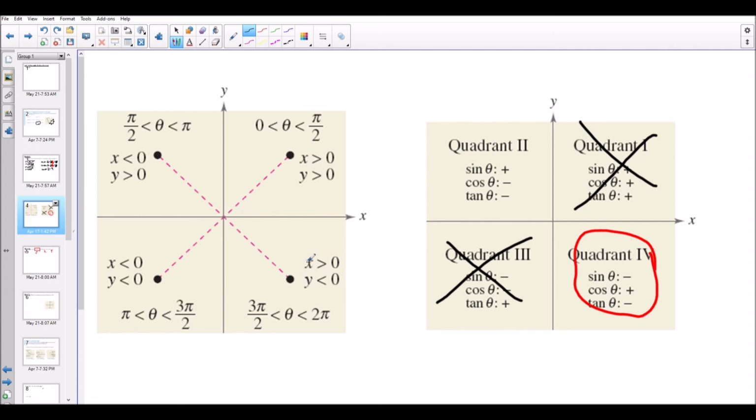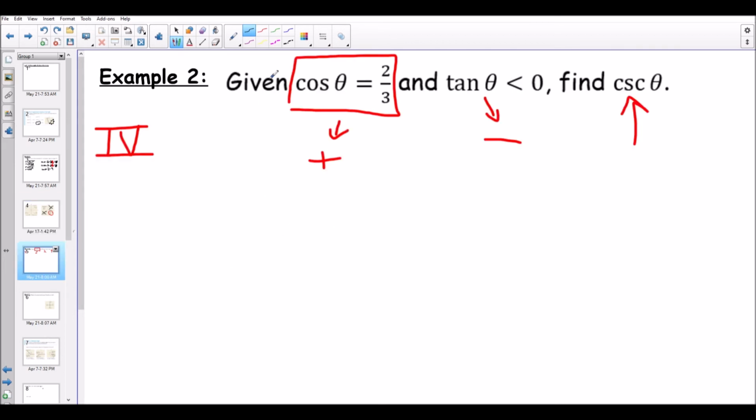The x value is positive. So our cosecant is going to have a negative value in the end. Whenever we get around to writing our answer, the cosecant of theta, we need to make sure it's going to be negative something because it's in the fourth quadrant. So the output of our cosecant is something negative, right?